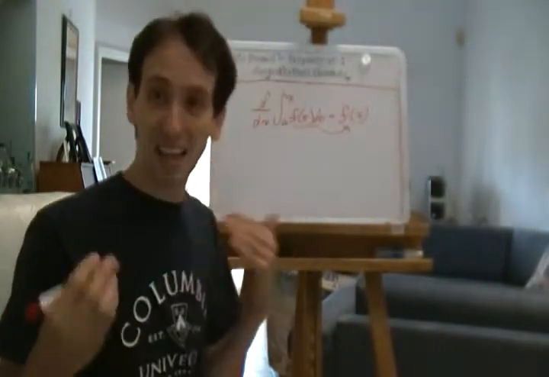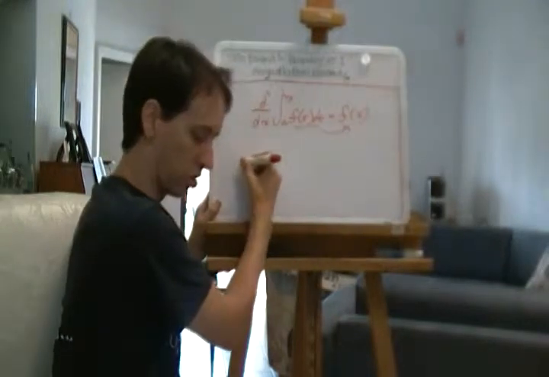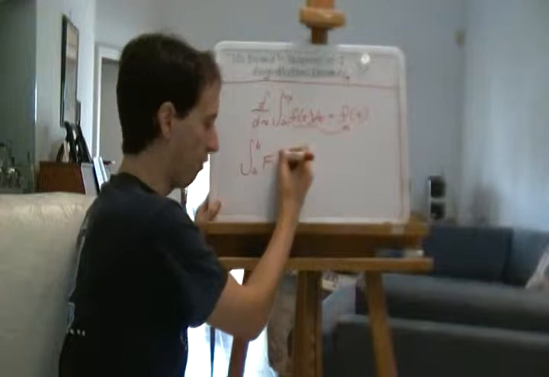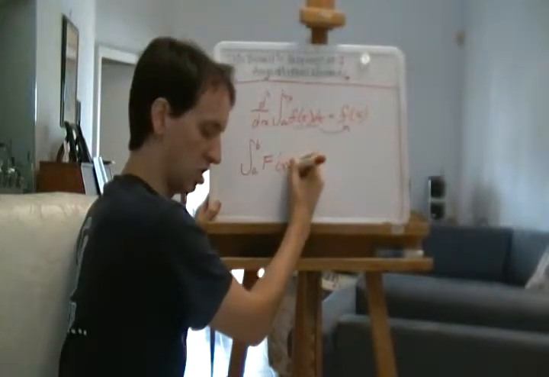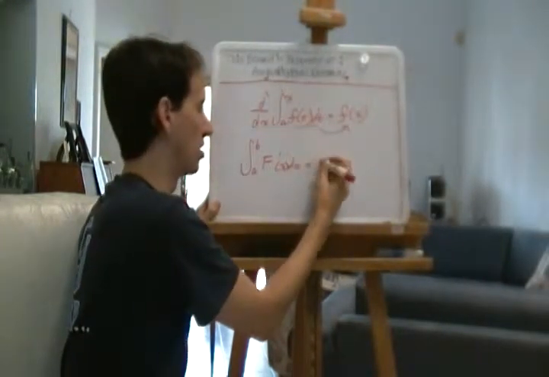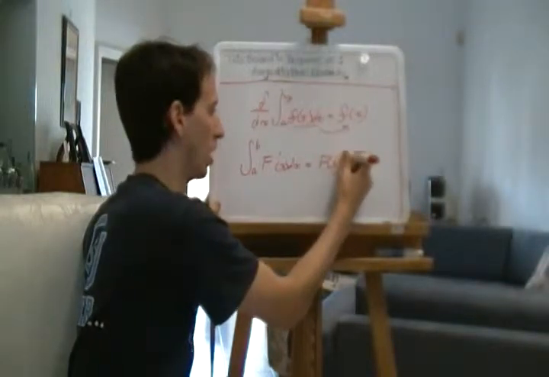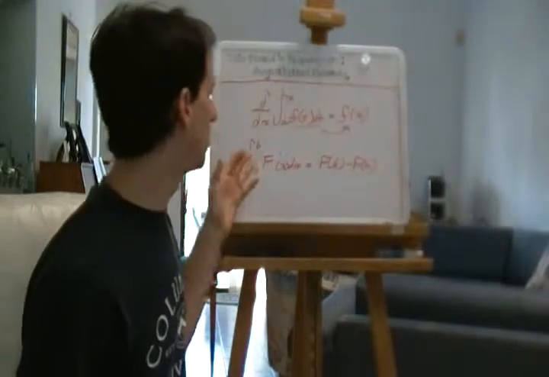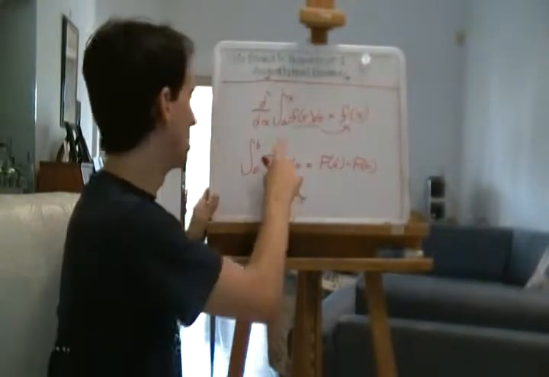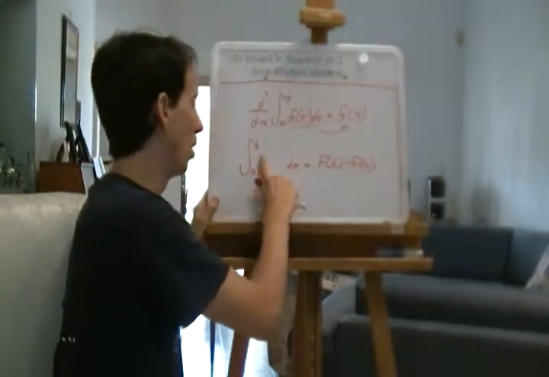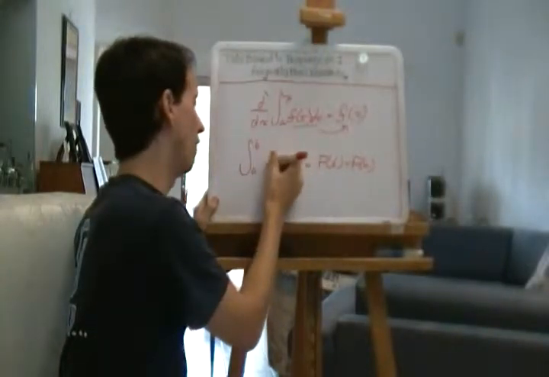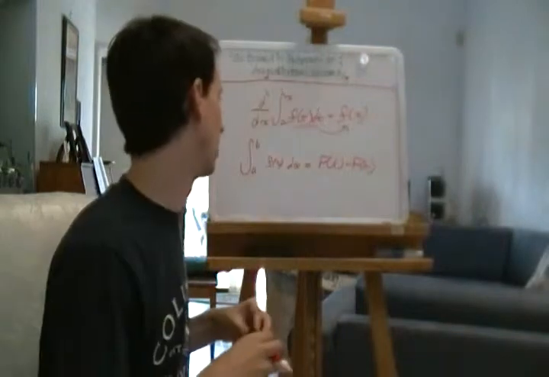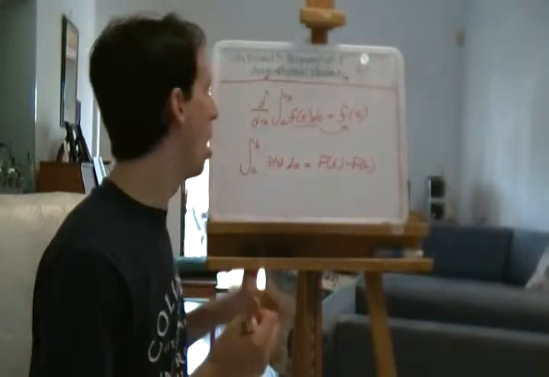Another one is to look at the second part of the fundamental theorem of calculus, which is the integral from a to b of F prime of x dx is F of b minus F of a. Now you might wonder, why is it big F prime of x dx? Just remember, if it's little f of x dx, that's the way we normally write the fundamental theorem of calculus.